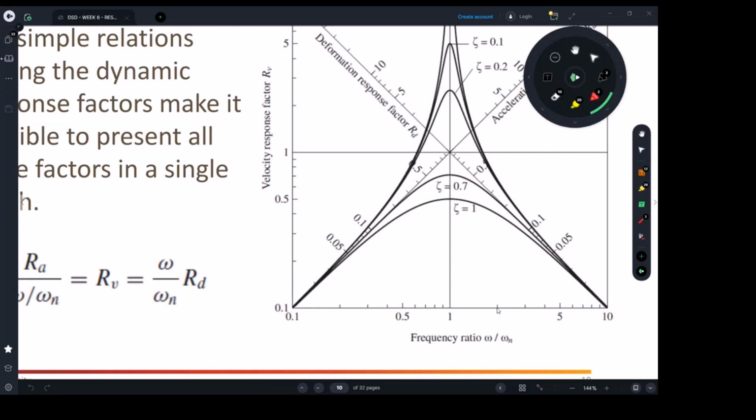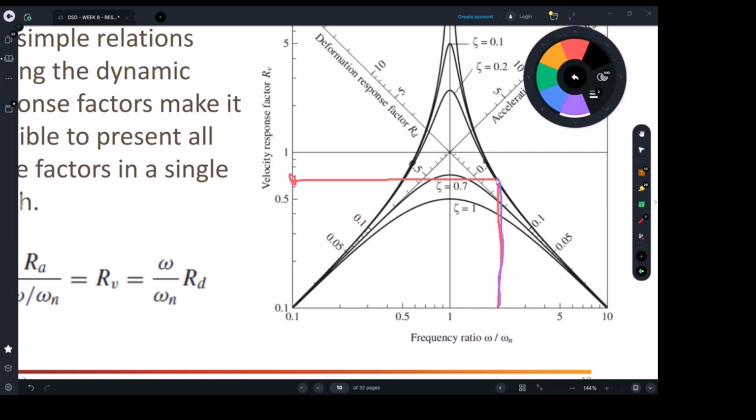I will use red for the velocity. For the velocity, you're going to go upwards vertically. By the time you hit the curve in subject, you take a horizontal line. This will measure velocity. For the acceleration and displacement, same thing.